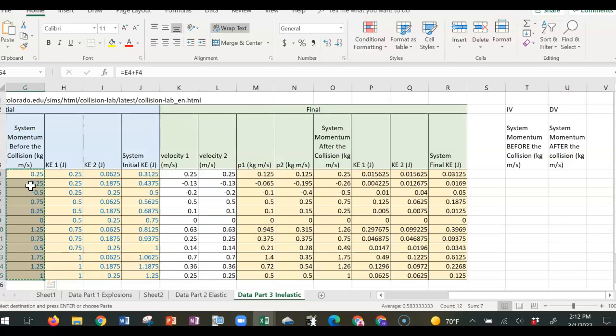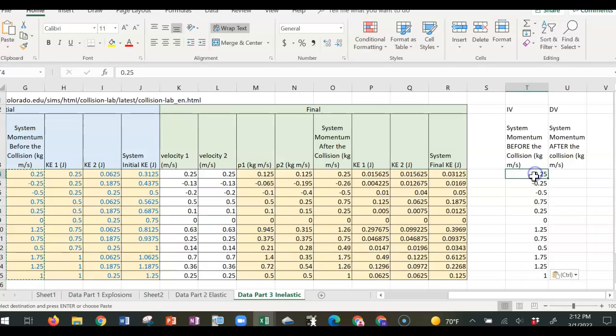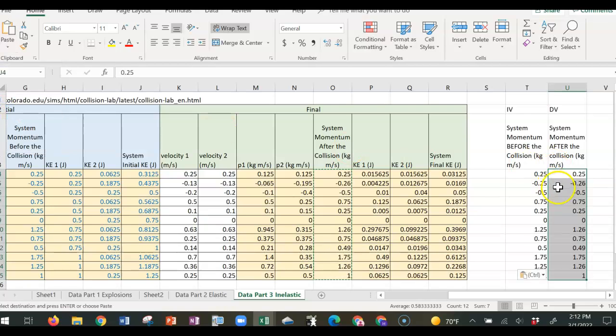So I want to copy these cells, but when I come over here to paste them, I only want to paste the values. So go to the drop-down list under paste and only paste the values. That way it's just numbers, not the formulas. Then I'm going to do the same thing to copy the system momentum after the collision, but I don't want to paste those formulas. I'm going to go to paste and only paste the values.